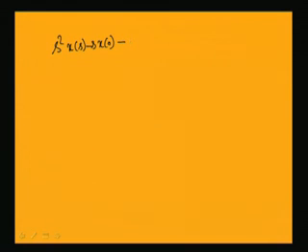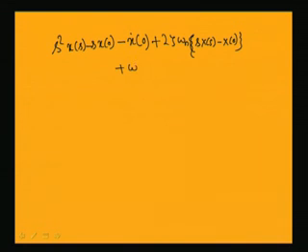The Laplace transform of 2 zeta omega n x dot is equal to 2 zeta omega n into (s X(s) minus x(0)), and the Laplace transform of omega n square x is simply omega n square X(s). This will be equal to 1 by m F(s).